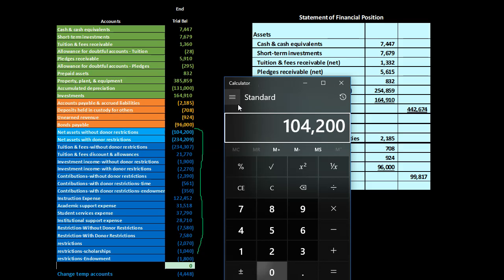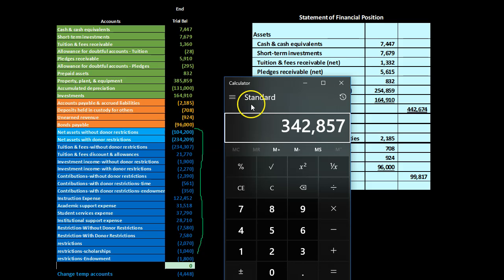So 104,200 plus 234,209 plus the 234,307 minus the debit 21,770 plus the credit 1900 plus the 2270 plus the 2390 plus the 561 plus the 350 minus the debit 122452, minus the debit 31518, minus 37790, minus the 28710, plus the credit 7580, minus the debit 7580, plus the credit 2070 plus 1040 plus the 1800.